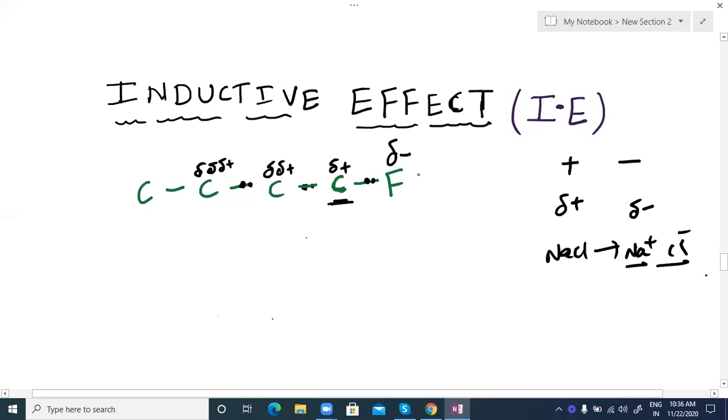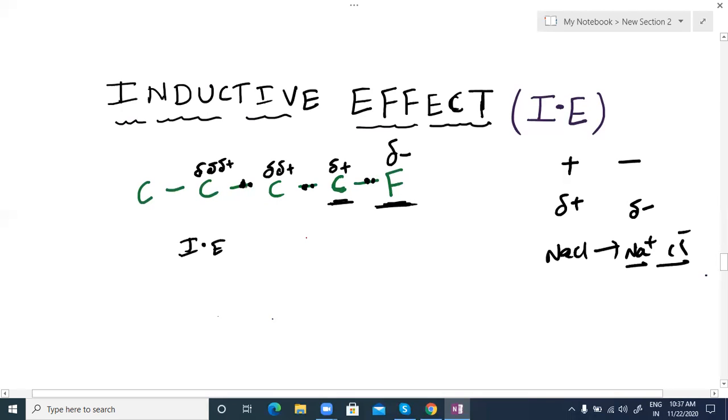Got it? And here, as distance increases, the inductive effect decreases. What is the inductive effect? It is the movement or displacement of electrons towards the more electronegative atom through a covalent bond. All these are single bonds, meaning sigma bonds, so electron displacement occurs through the sigma bond towards the more electronegative atom, which is here fluorine.